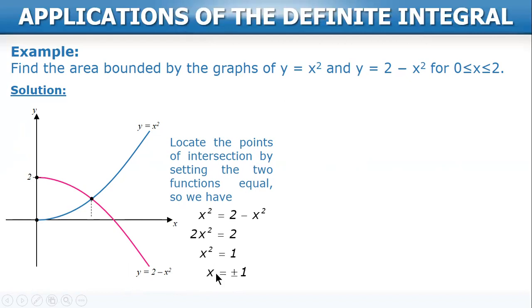So x is plus and minus 1. Of course, because the parabola opening downward and the one opening upward will also intersect in the second quadrant, where x is equal to negative 1. But since our limit is from 0 to 2, we will only consider x equals positive 1.